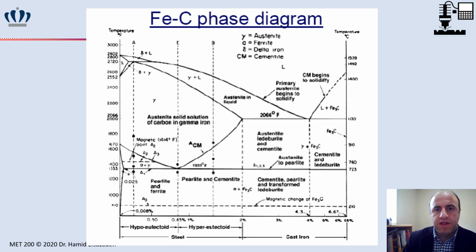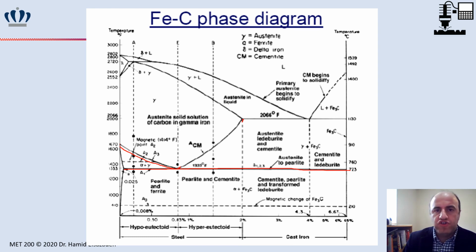For example, between this point and this point we have a line. It's called the ACM line, and from this point to this point there is another line, so it has a name. All of these lines have a name, temperature, and composition.